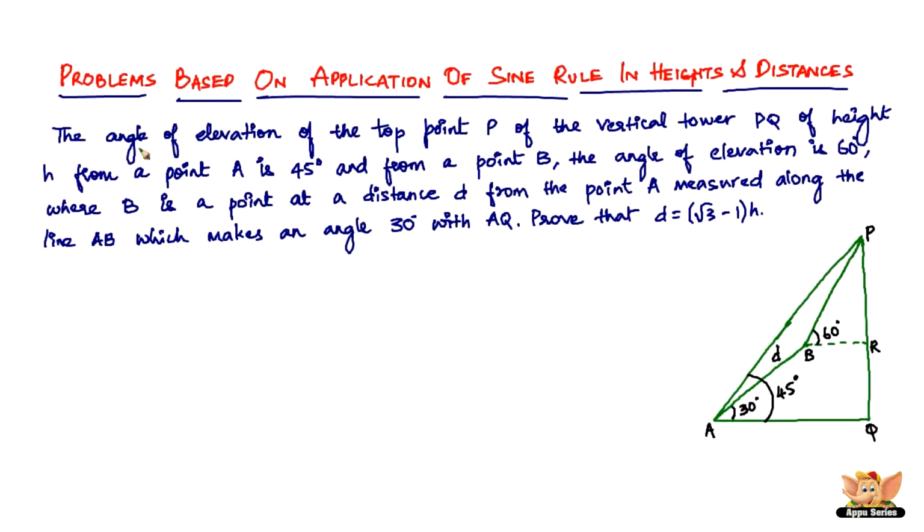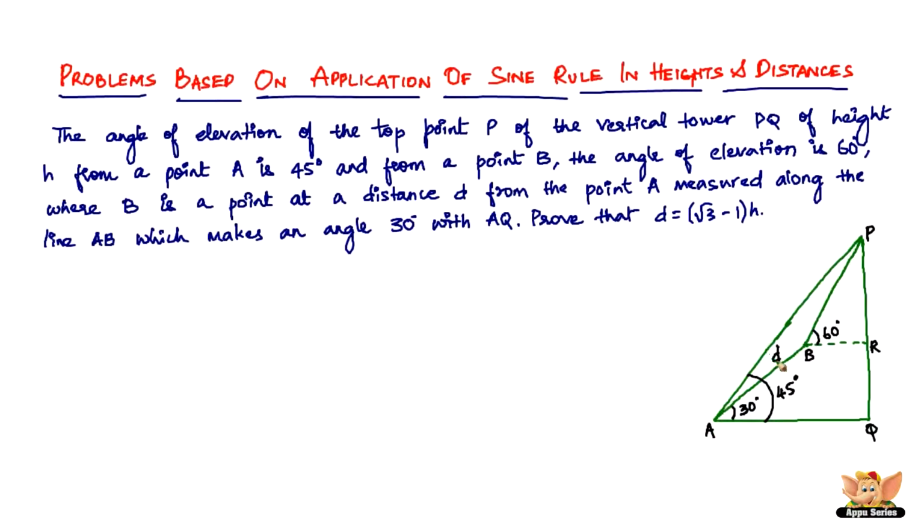It says the angle of elevation of the top point P of the vertical tower PQ of height h. So this height PQ is h. From a point A is 45 degrees, and from a point B, here is point B, the angle of elevation is 60 degrees, where B is a point at a distance D from the point A measured along the line AB, which makes an angle 30 degrees with AQ.